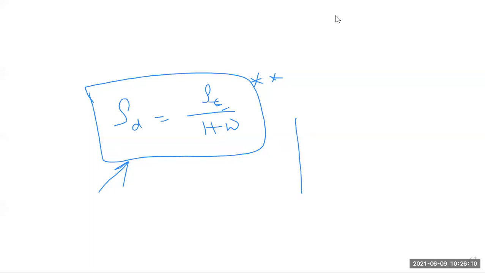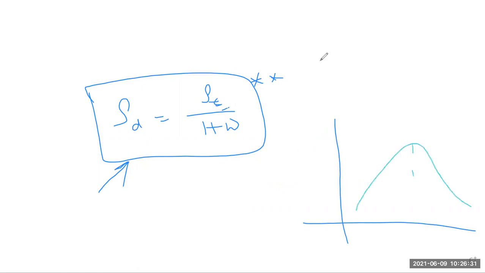So this compaction curve is used to find the water content of soil which gives maximum dry density. From this curve, we also find at which amount of water content dry density is maximum.